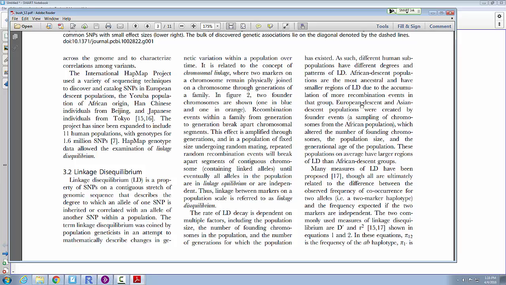We have a few thousand individuals from this location in Africa, a few thousand people from Hong Kong, and a few thousand people from England. The reason we did that is to try to capture findings that are applicable to these different groups, because they have different genetic characteristics.